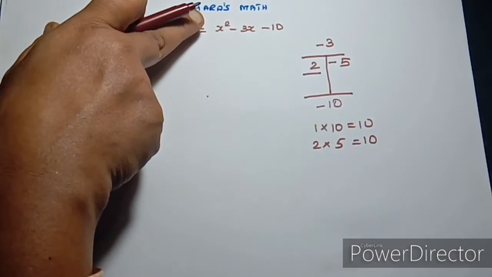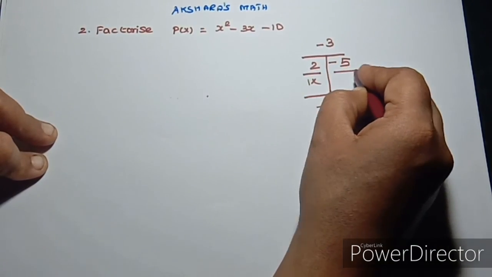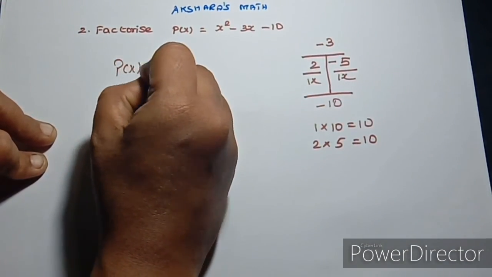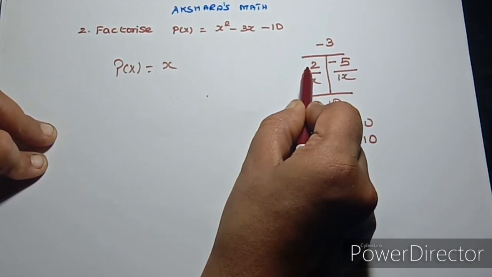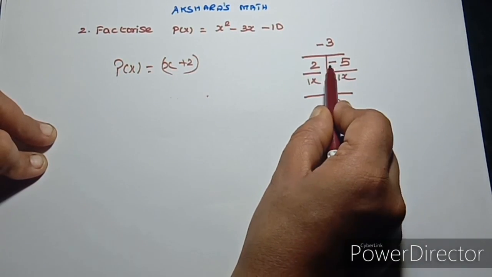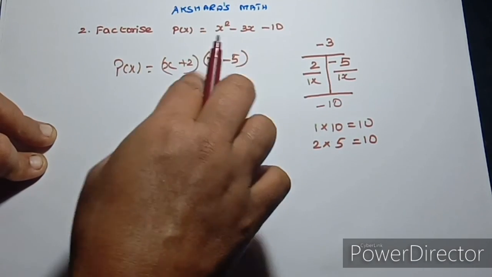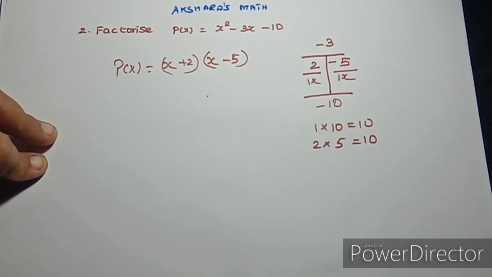The next step is to divide by the coefficient of x square, which is 1. So 1x divided by 1x. Then straight away you write the answer: p of x is equal to x. What is the sign here? Plus. So x plus 2 into x minus 5. That's all. This cannot be reduced further. I have written it as a product of irreducible factors. Therefore, our factorization is complete.